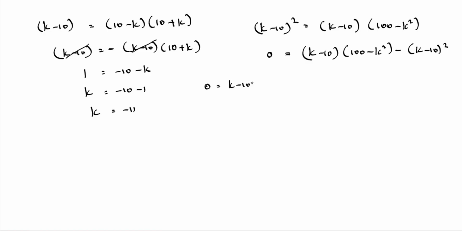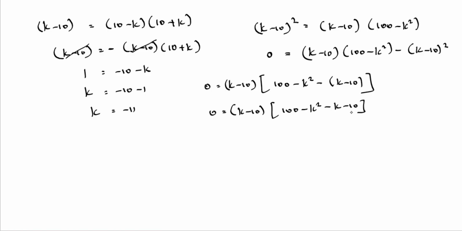You can take k minus 10 out, then 100 minus k squared minus (k minus 10) is remaining. This gives 0 equals (k minus 10)(100 minus k squared minus k plus 10), or with the sign changed, k squared plus k minus 110.